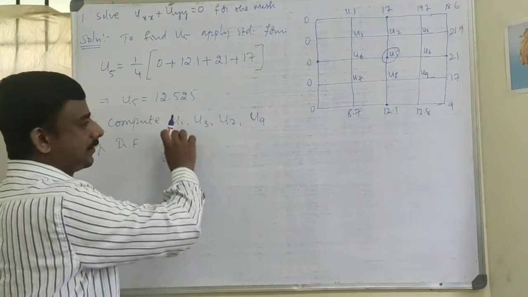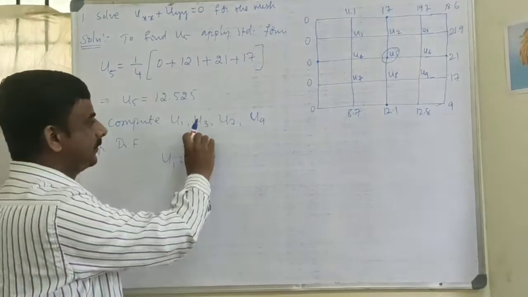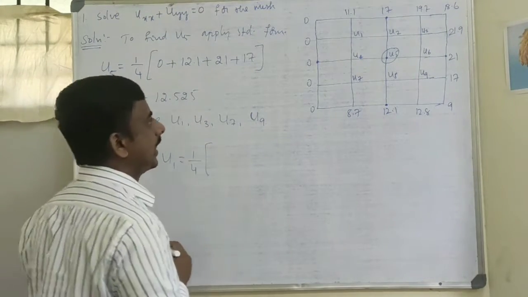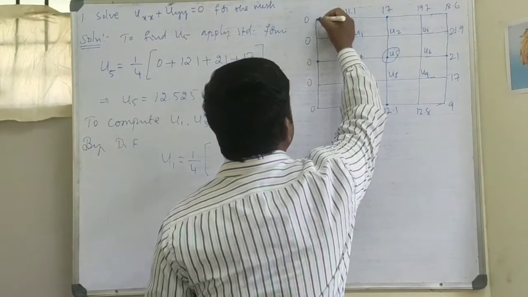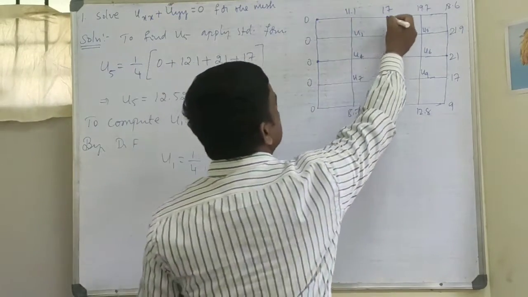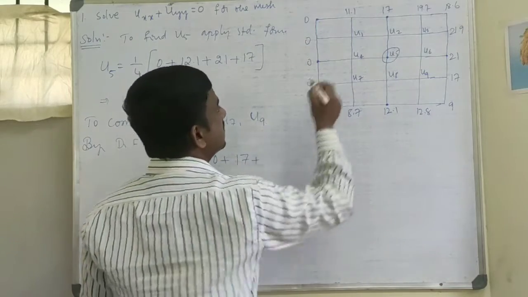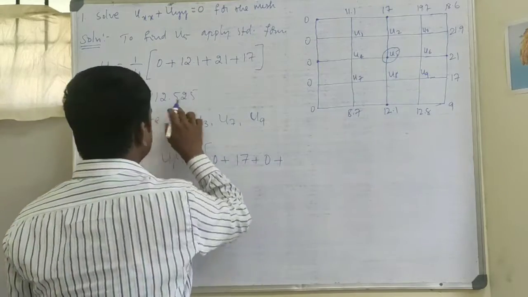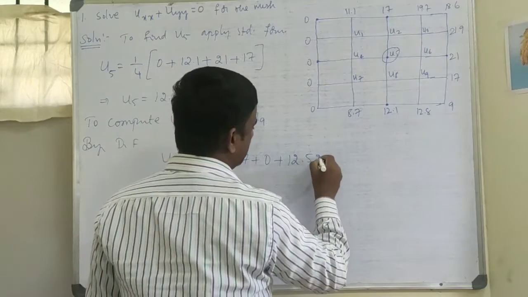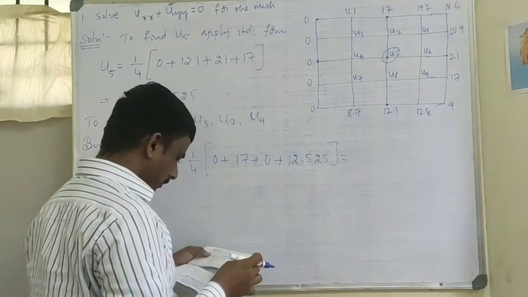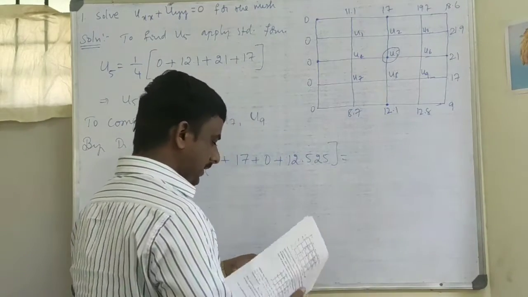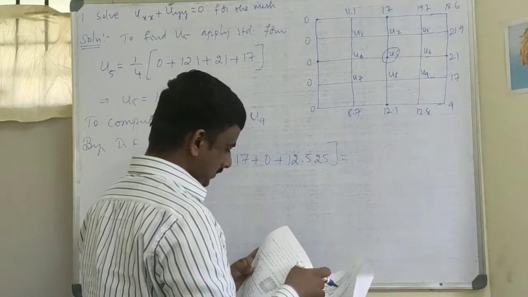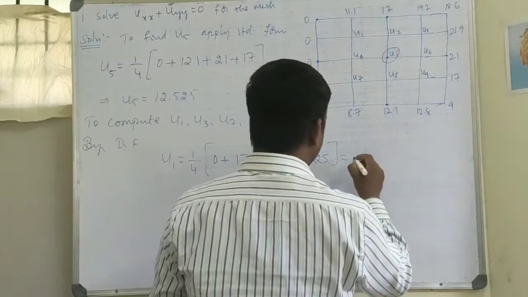I am not going to write the formula, I will directly write the values. u1 equal to 1 by 4 times the diagonals: 0 plus 17 plus 0 plus u5. u5 is 12.525. So u1 you get 7.3812.